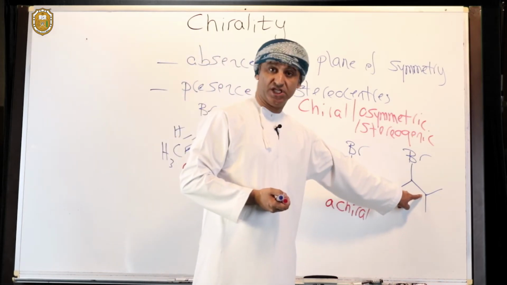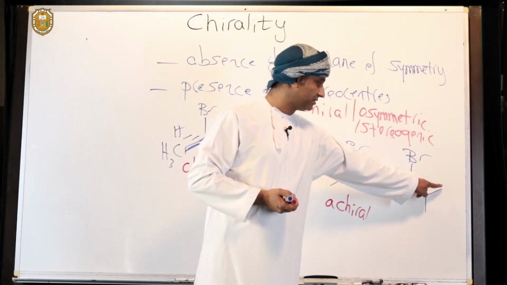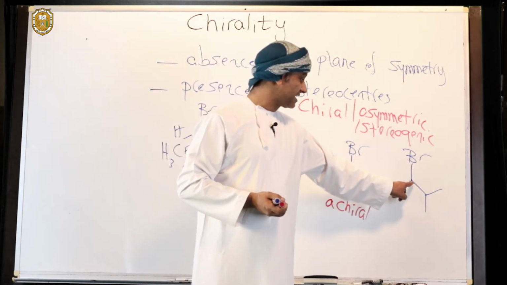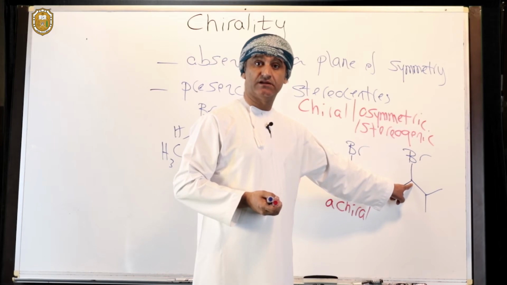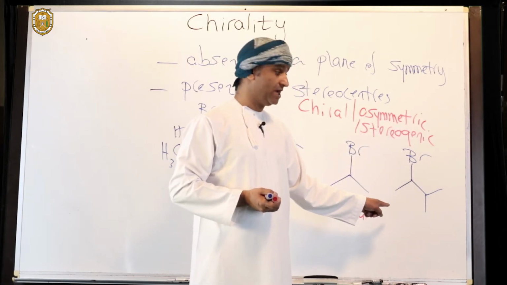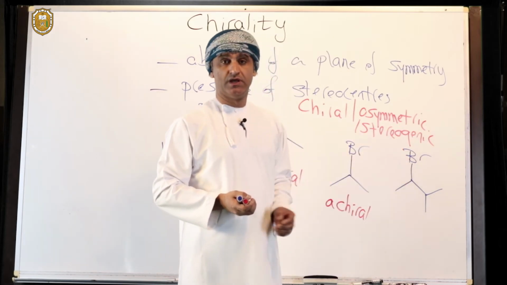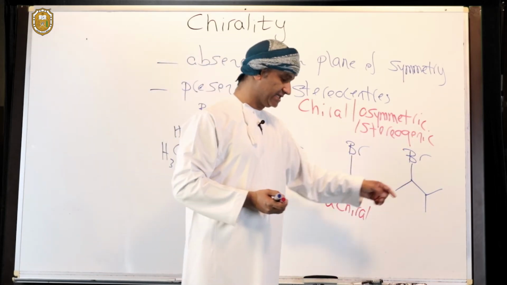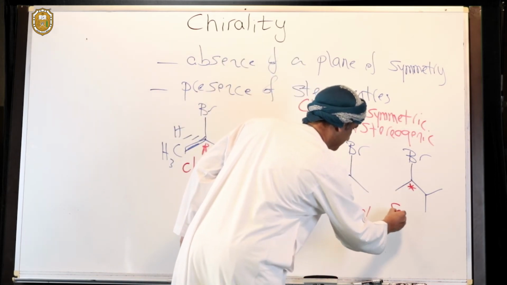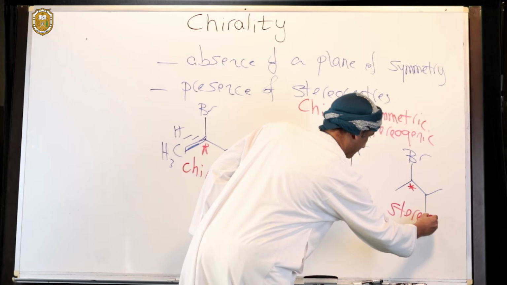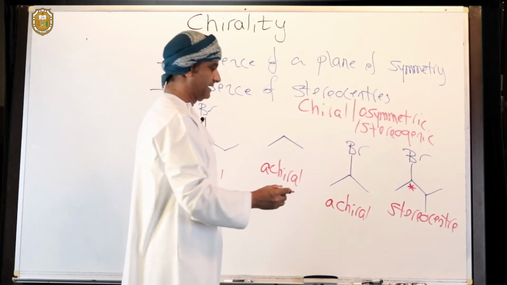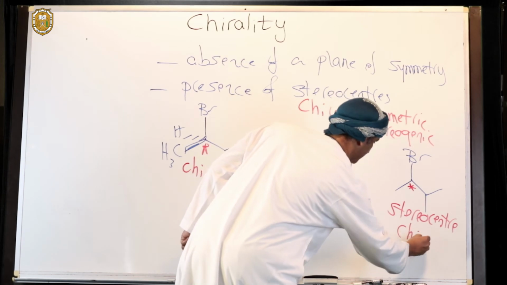This carbon here is not chiral because it's surrounded by two identical groups, which are methyl groups. But this carbon here is actually chiral because it's surrounded by an isopropyl group, a methyl group, a hydrogen, and a bromo group. So therefore, this is a stereo center, and therefore this compound is chiral.